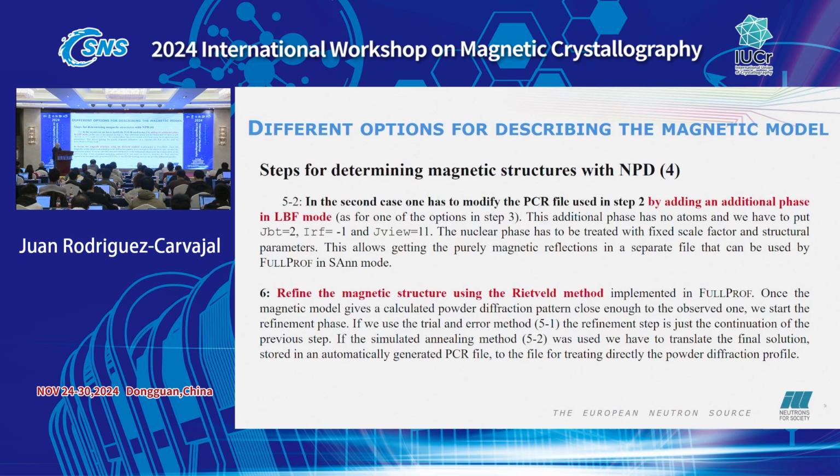At the end, we can use simulated annealing when we are not able to solve the structure by trial and error, for example, when we have too many magnetic atoms in the primitive unit cell and relatively low symmetry, and you cannot start to refine or test by hand. In such a case, you add an additional phase in the powder diffraction pattern.